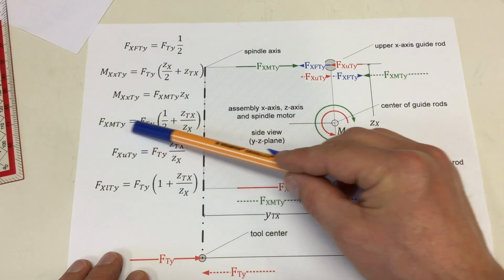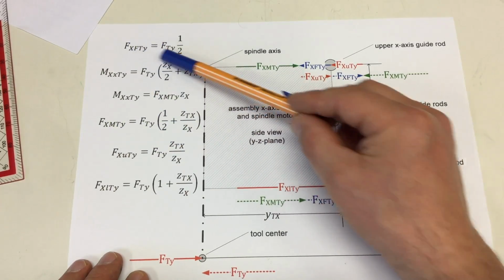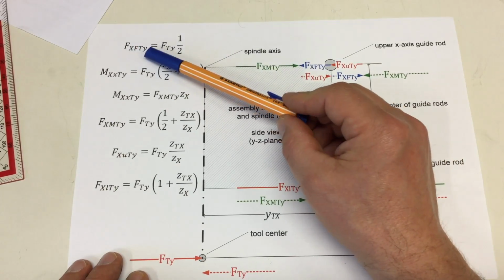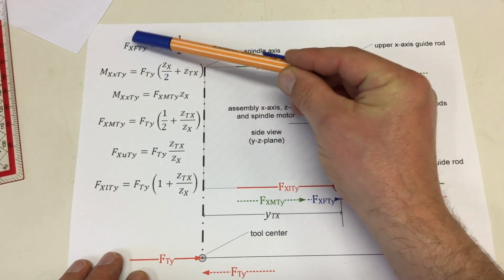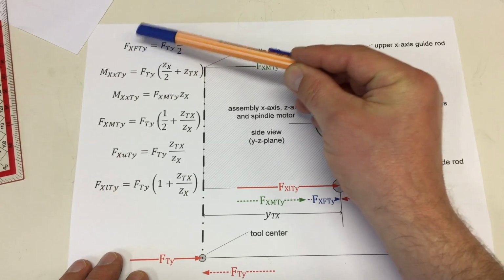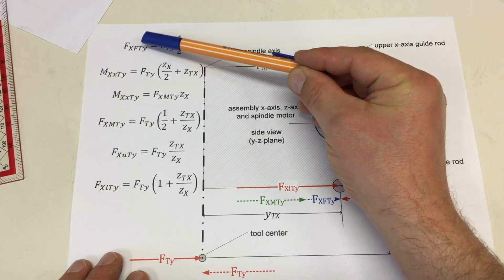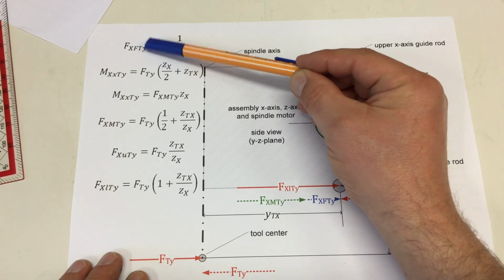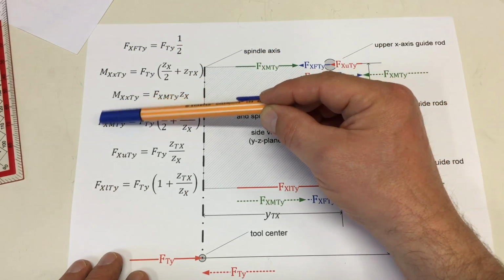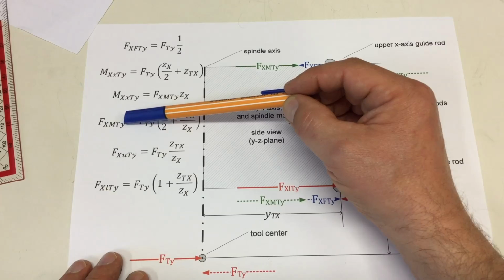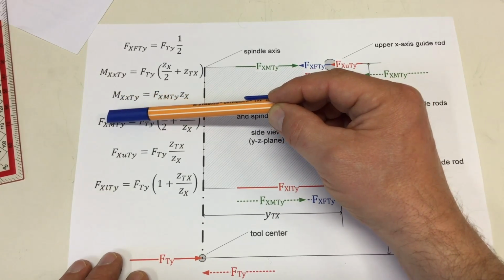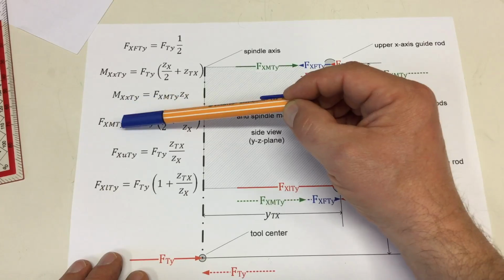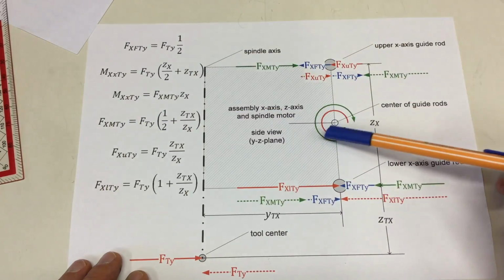Then we have the other force, the blue force, and just the indexes say this is a force on the x-axis caused to cancel out a force caused by tool y-axis, and this is Fxmty, a force on the x-axis to cancel out a momentum caused by tool y-force.